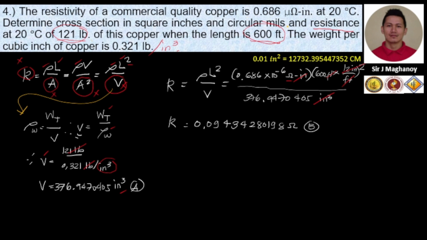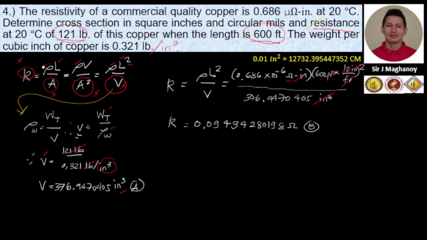Let's check our problem. Do we have our resistance? We already determined our resistance. Now, the next problem is we need to determine the cross-sectional area. Looking back at the formula, we have our volume and we have our resistance, so we can determine the cross-sectional area. Or we can use the resistivity times length all over the cross-sectional area, because in the second formula there is a power.